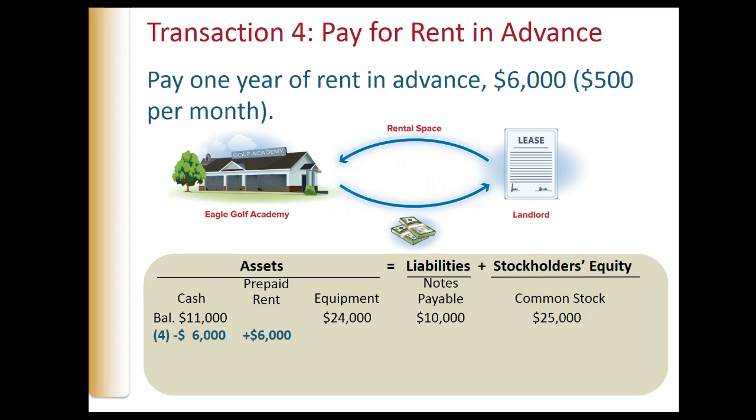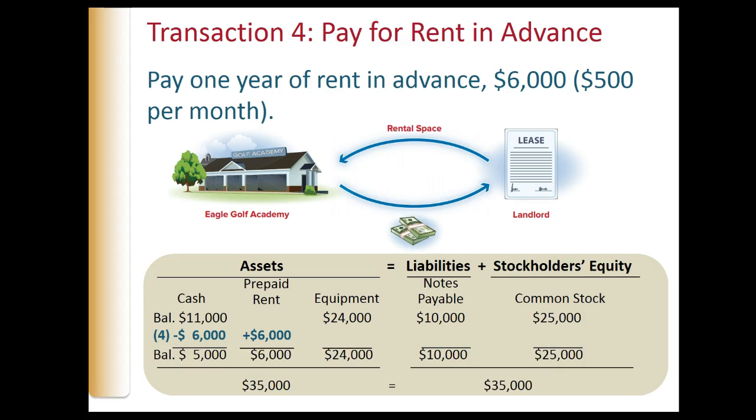We are showing prepaid rent as an asset, which increases, but the cash we use to pay for this prepaid rent decreases. So again, our transaction is in balance. Our assets went up and they went down, but it didn't affect our total assets. So our assets of 35 still equal our liabilities and our stockholders' equity of 35.